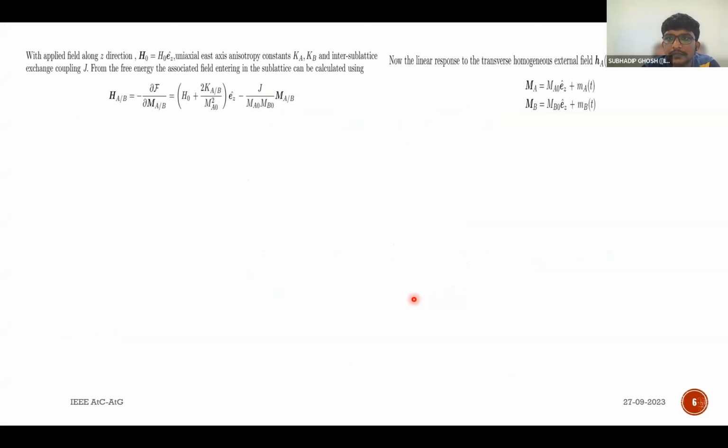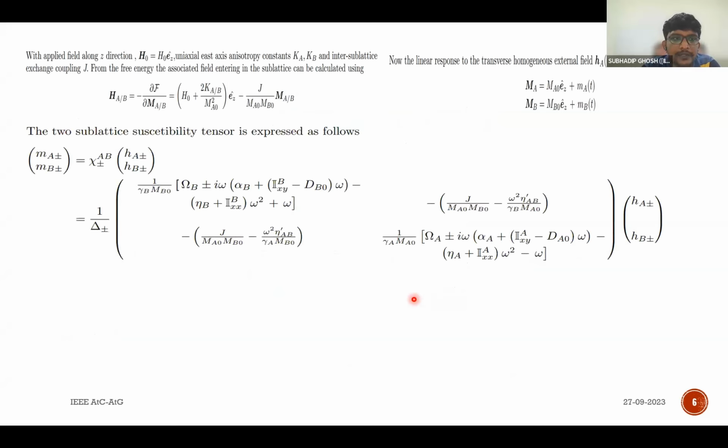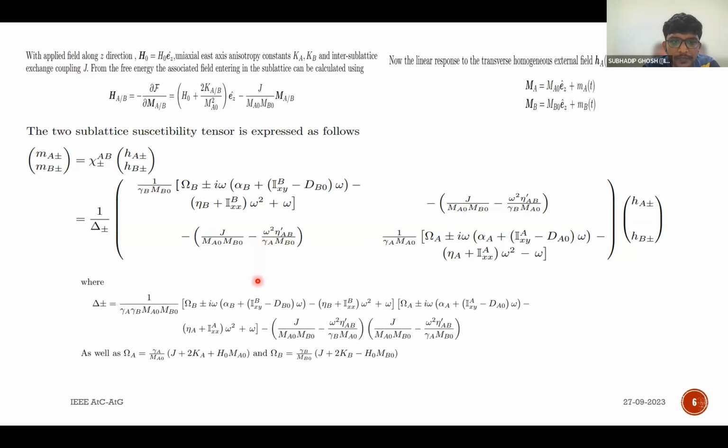And within the linear response theory, I have the two sublattice susceptibility tensor, where I already mentioned that IXY and IXX are the elements of the symmetric inertia tensor, and I consider here IXX equals IYY. Here omega is the frequency of respective motion, and other symbols have their usual meaning. Alpha is the damping constant.